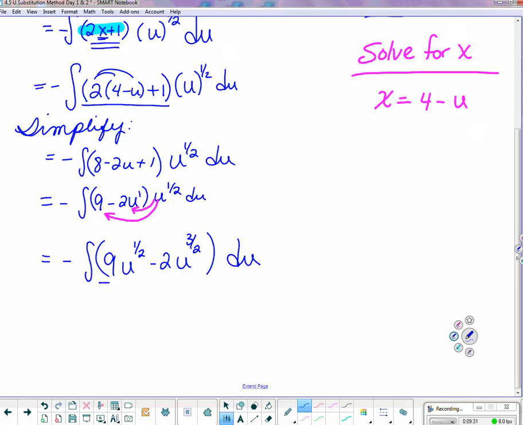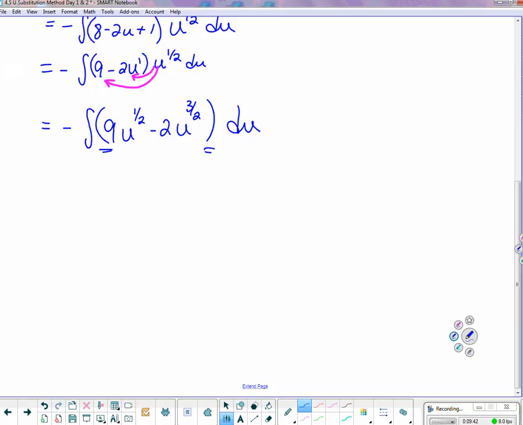It is appropriate to have these larger parentheses times your du. It's easy to forget them. Now we're into simply integration, aren't we? So let's integrate this and see what we come up with for a final answer. So I have this negative out front, which I'm going to put in big brackets because that will have to be distributed at my last step.